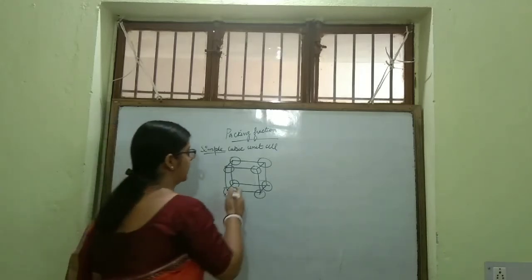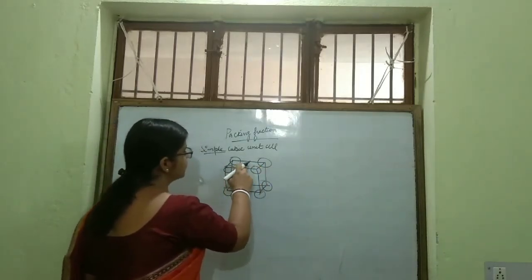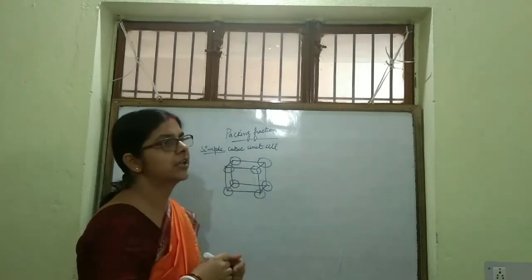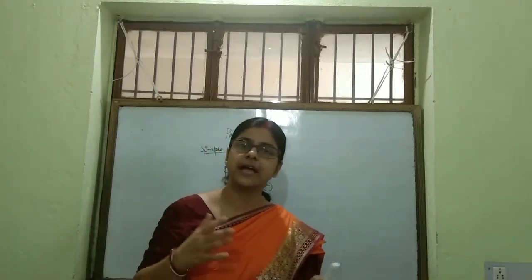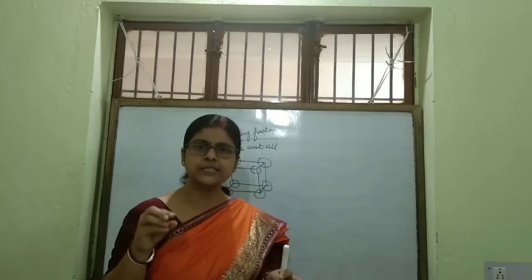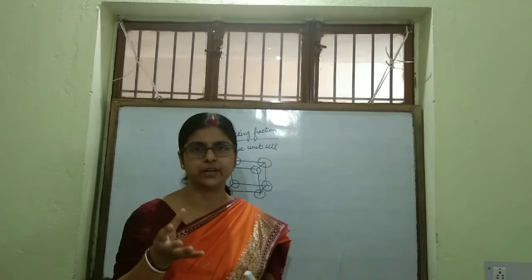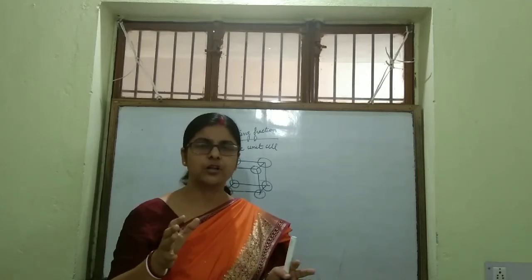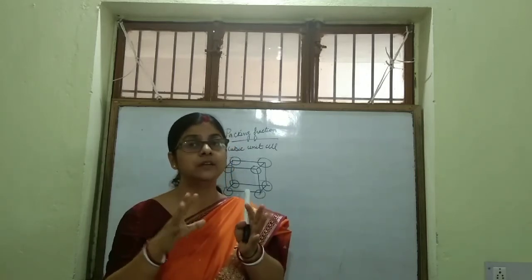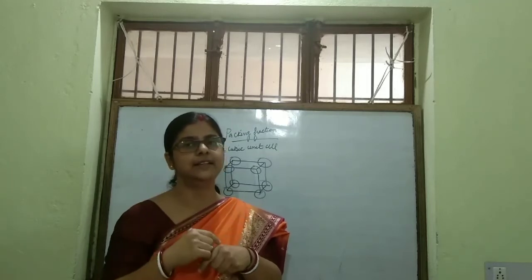How will we find it out? We will have to derive it. See students, first of all, in this solid state you need to imagine. So, imagine the particle as a sphere or ball, you can say cricket ball, football. Then only you can easily understand the topic.